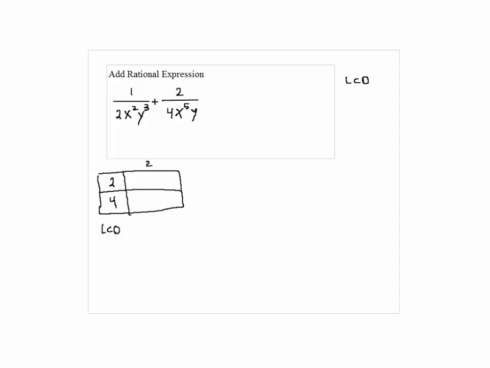Like 2 is already 2. 2 consists of one 2, and 4 consists of two 2's. So you compare the groups of prime numbers, and you pick the largest of all. Between 2 and 4, which one is larger? Obviously 2 times 2 is larger. So 2 times 2, or 4, would be the LCD between 2 and 4.